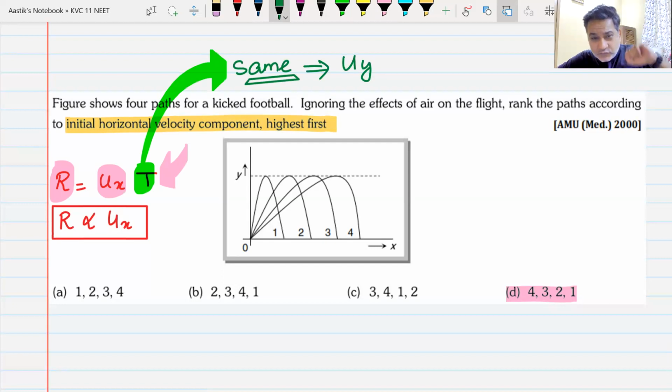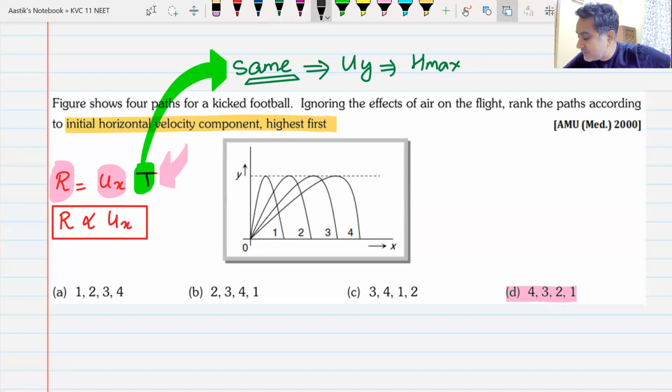So if you have uy same, then only time of flight is same, and then only range is proportional to ux. Now this uy also decides the maximum height. The formula of maximum height is uy² by 2g. And I told you two facts: the maximum height only depends on vertical velocity, and time of flight also depends on vertical velocity.